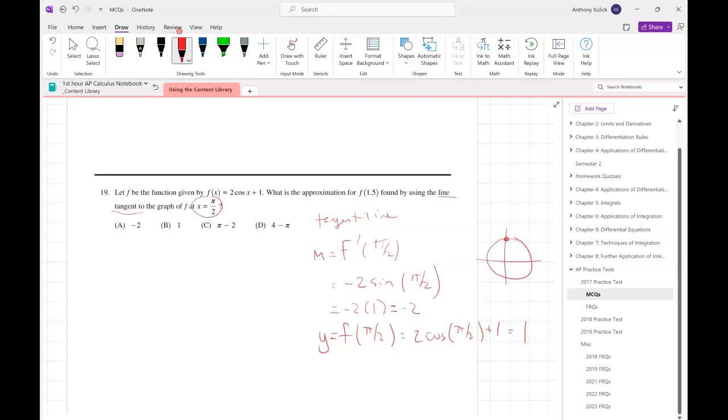And if sine is 1, I know cosine has to be 0, because sine squared plus cosine squared is equal to 1. So we can say y minus 1 is equal to m times x minus pi over 2.